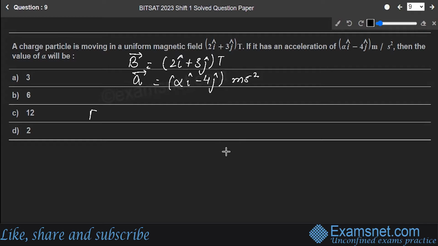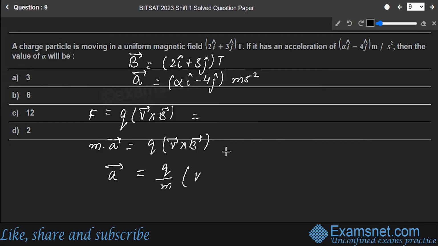Now we know that force is given by Q V cross B. So what is your force? It's mass into acceleration. So mass into acceleration vector is equal to Q into V cross B, and acceleration will be given by Q upon M V vector cross B vector.